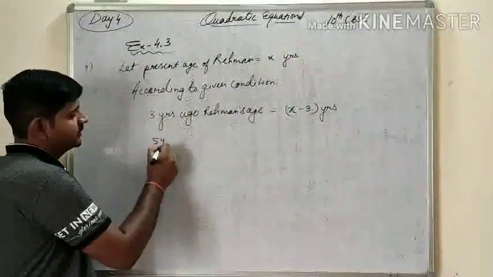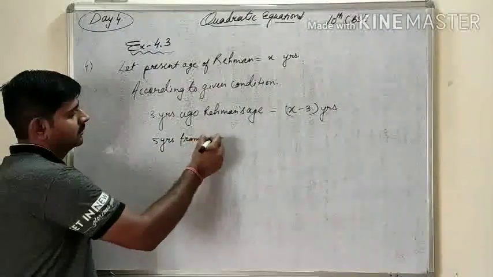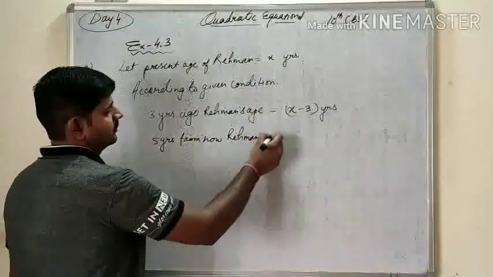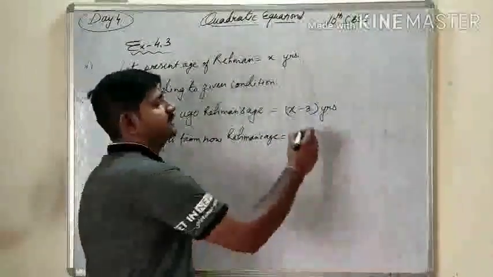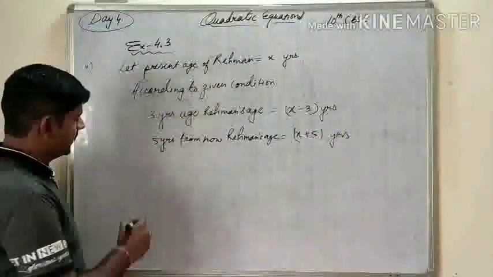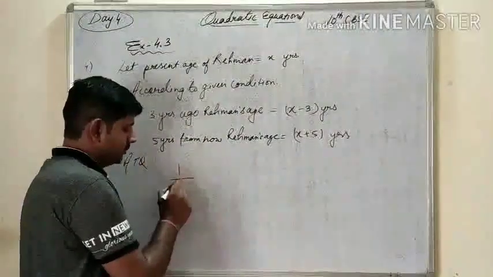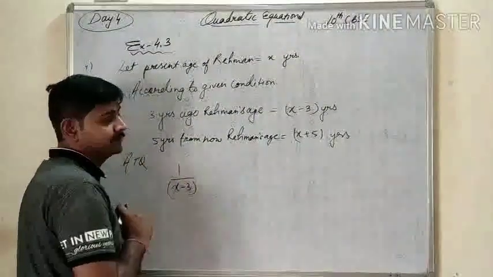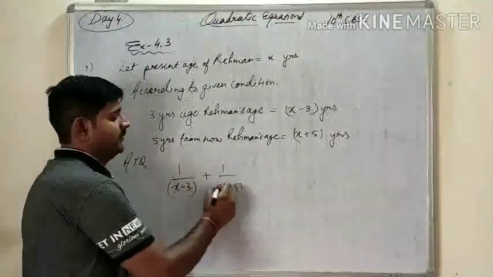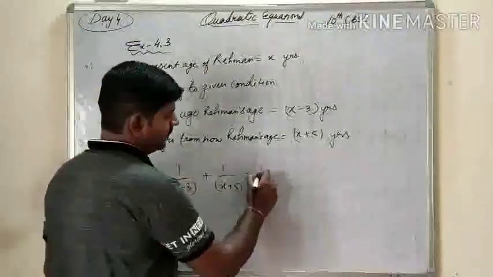And 5 years from now, Raman's age will be x plus 5, because present is x. So according to the question, the sum of the reciprocals, this is the reciprocal of 3 years ago, and this is the reciprocal of 5 years from now, is 1/3.